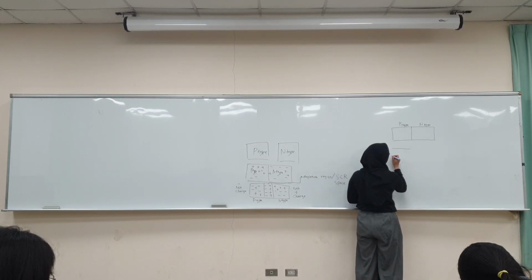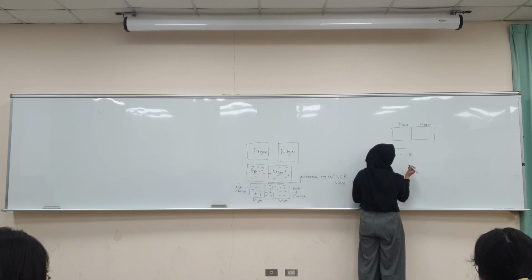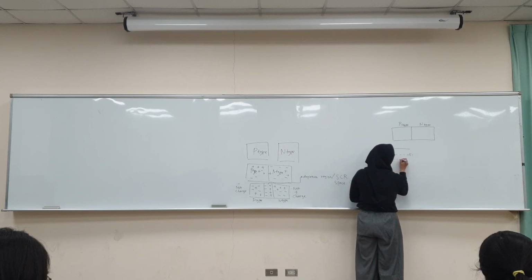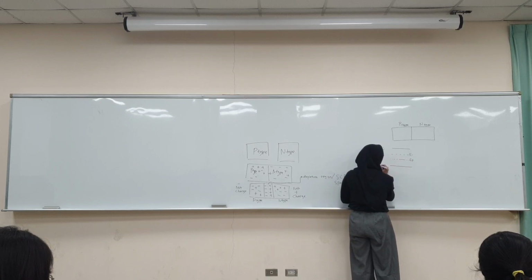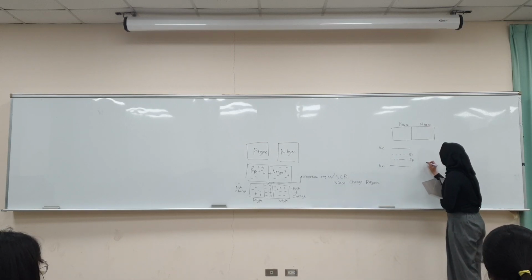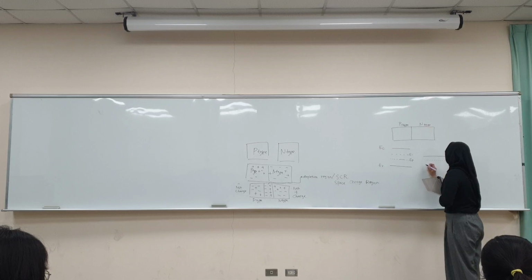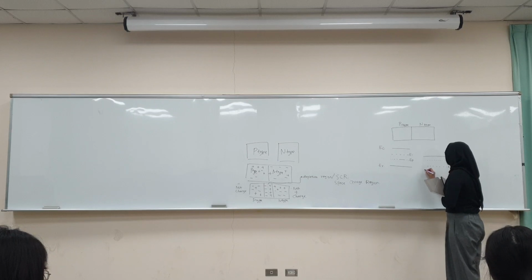We will also have what we call the intrinsic level. And then we will have what we call the Fermi level. And then last, we will have the valence band. And then from the N-type semiconductor, we will also have the conduction band, the Fermi level, intrinsic level, and also the valence band.